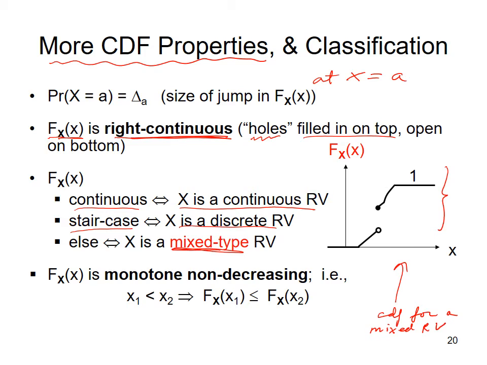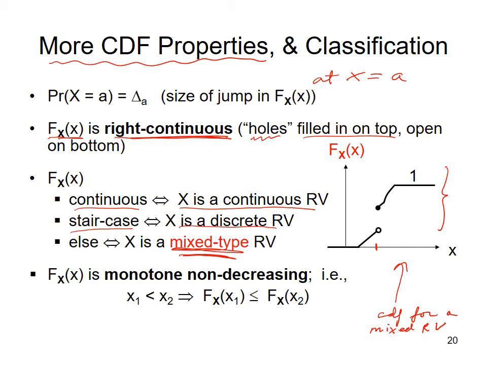Why is it mixed? Well, it certainly isn't staircase in general. Staircase functions are flat everywhere except for wherever they have jumps. So this is not a staircase function, and it's not a continuous function because it's got a gap right there at whatever that particular value is. So therefore it's neither continuous nor staircase, so therefore the random variable is a mixed random variable.